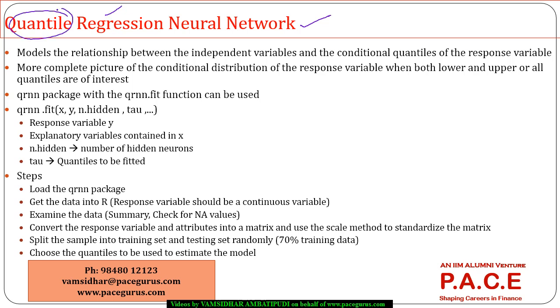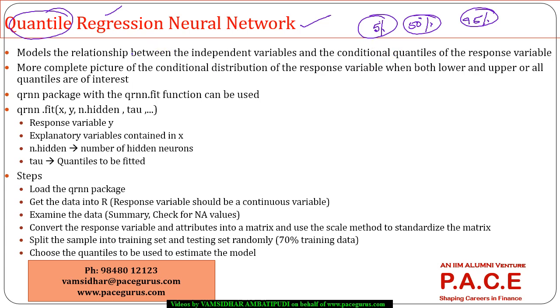The word is very clear. I will set some number of quantiles, probably a 5 percentile, a 50 percentile, a 95 percentile, some kind of quantiles I am going to set, and I am going to perform the regression at each of these different quantiles.